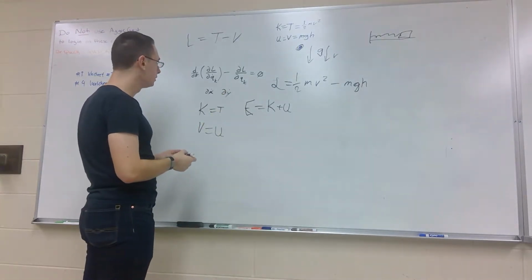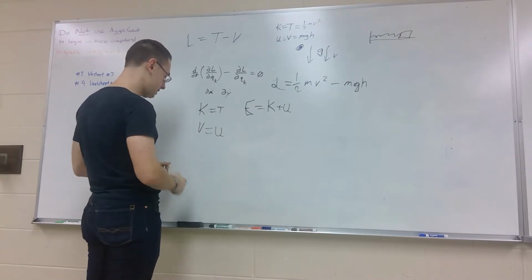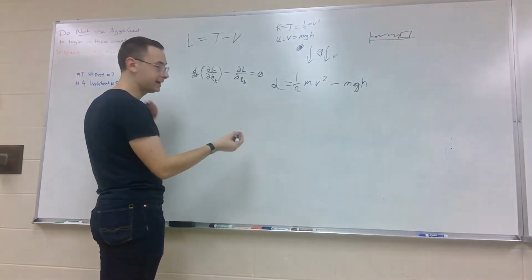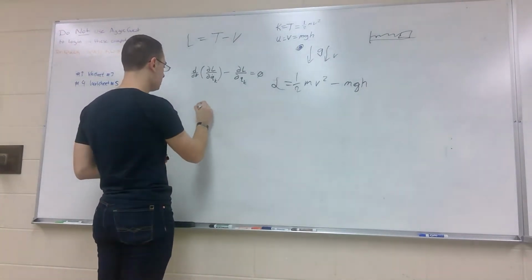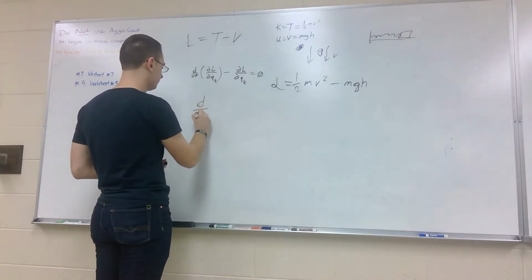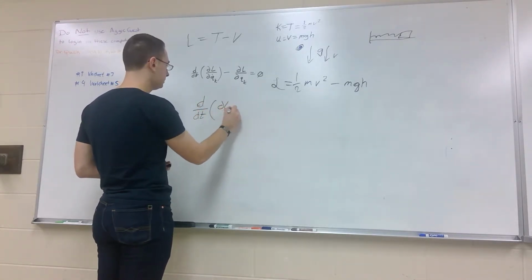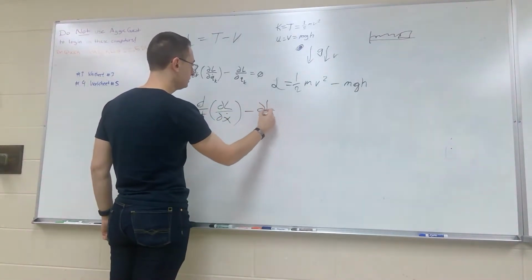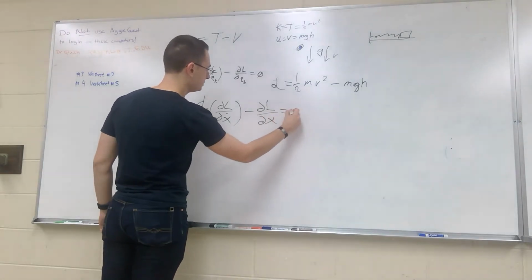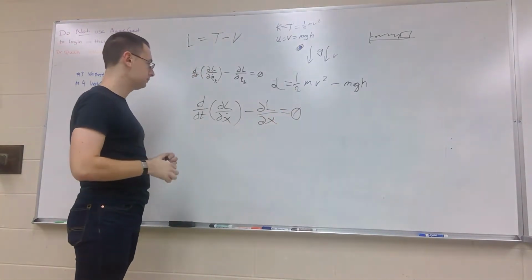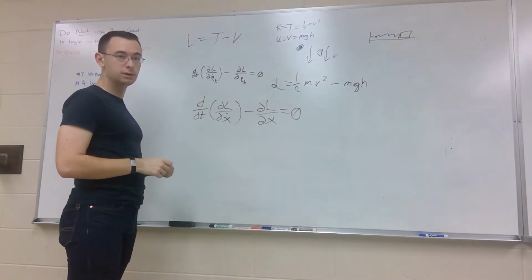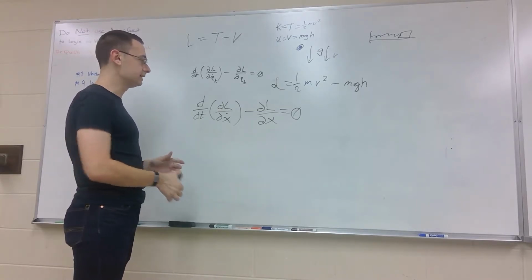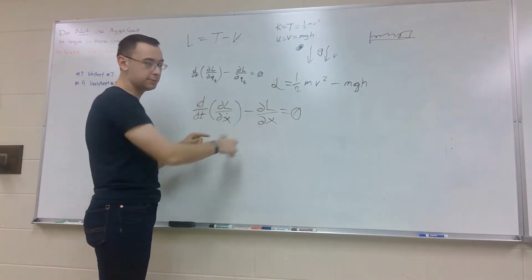So if I was to write the whole thing for the x component in Cartesian, that would be d/dt of dL/dx dot minus dL/dx equals 0. And then for the other one, it'd just be d/dt of dL/dy dot. Yeah. So then you just plug in whatever components you need.